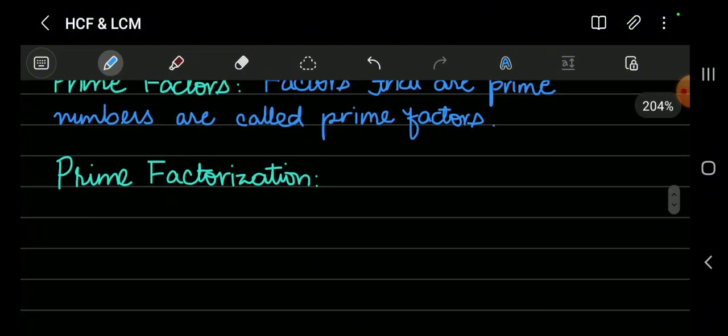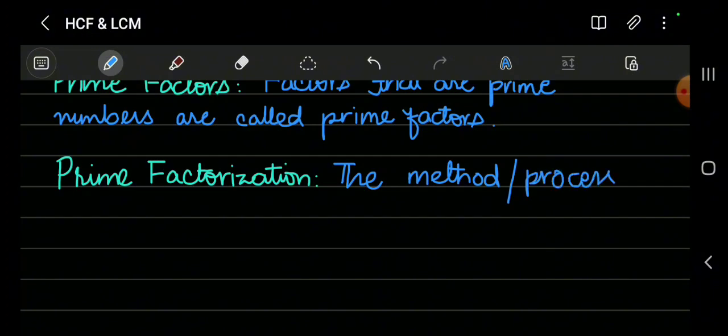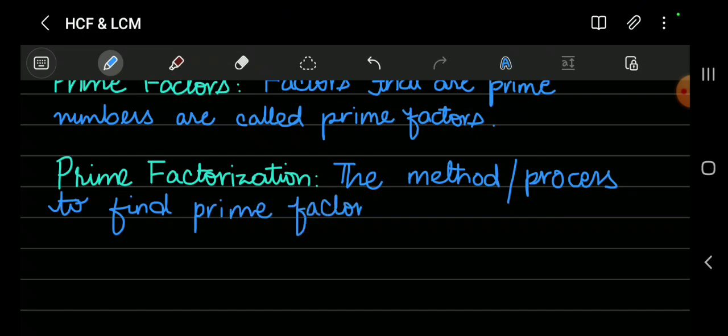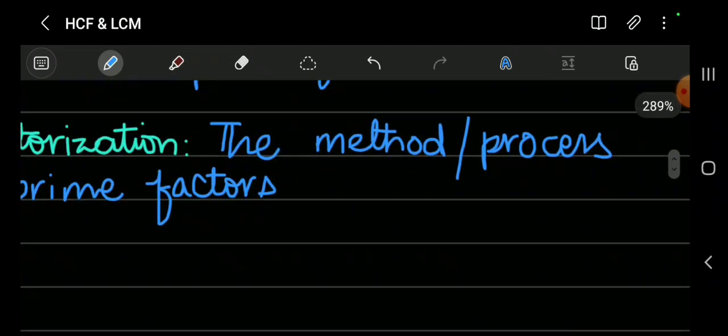The method or process to find prime factors is called prime factorization.